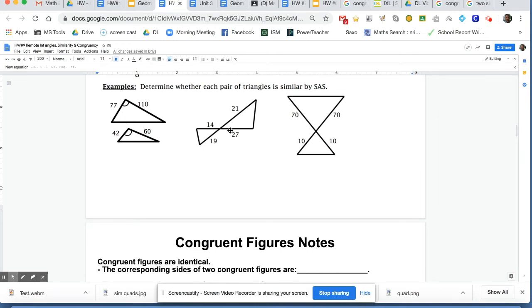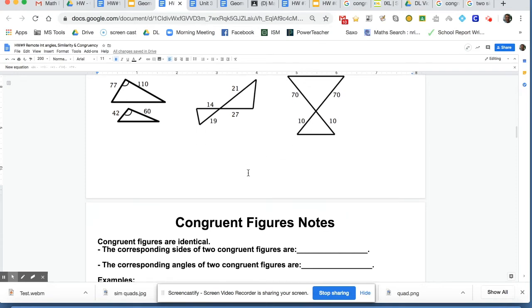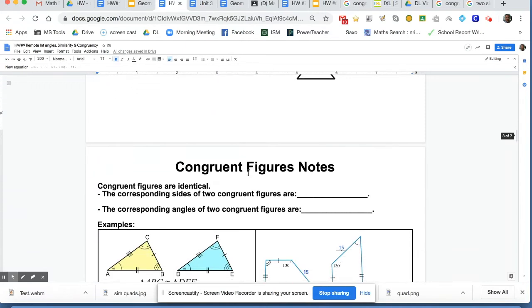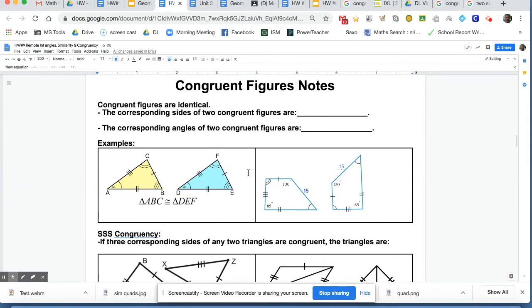Here it's pretty simple. Here we have our angles. So we could look at it this way: is 10 to 10 equal to 70 to 70? Or is 10 to 70 equal to 10 to 70? And we can see that they are proportional. So those are similar figures, and you can refer back to these notes for the postulates once we get going.